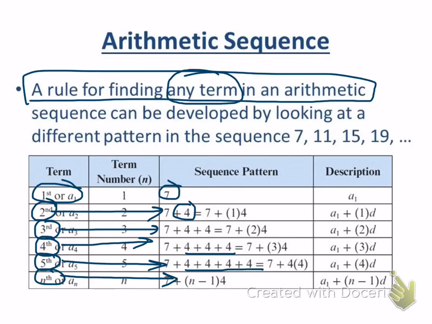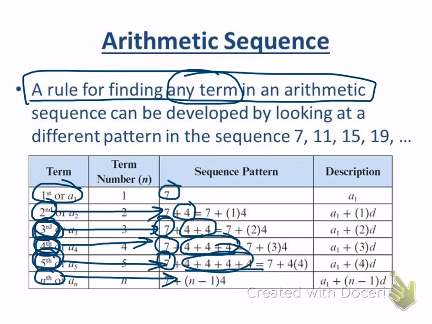So the pattern is that the third term takes the first term and adds 2 of the 4s, 1 less than 3. The fourth term takes the first term and adds 3, which is 1 less than 4. The fifth term takes the first term and adds 4 4s.